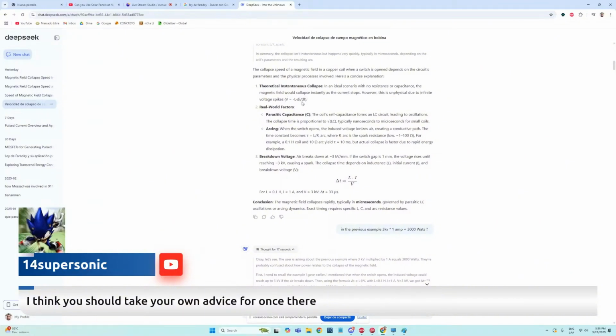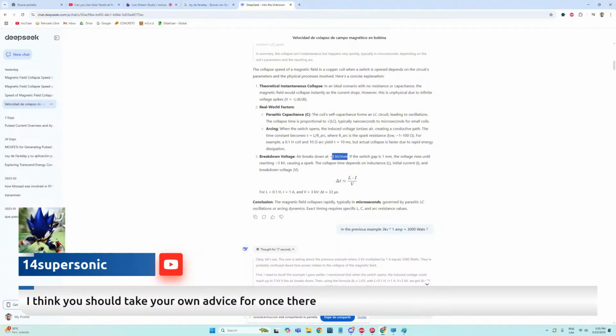If you take a look at this example, it's saying that the voltage is going to go so high that the air will become a conductor at 3000 volts, right?